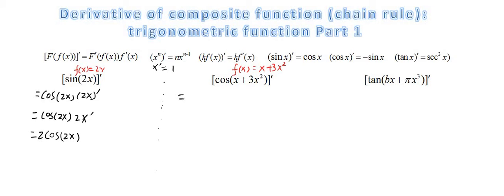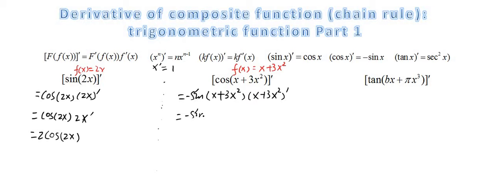Capital F prime, that means cosine prime, should be negative sine. Negative sine of f x, which is x plus 3x squared, times the derivative of f x. So it should be x plus 3x squared, prime.